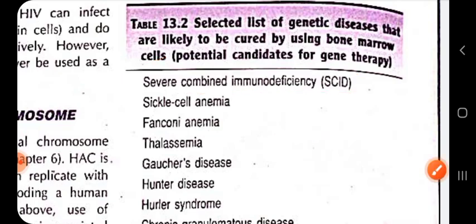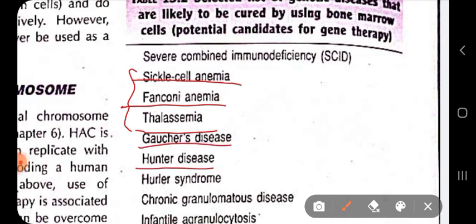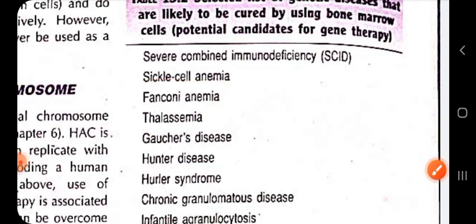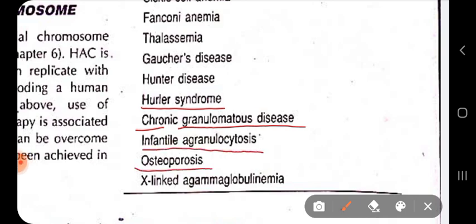Then another example is sickle cell anemia, Fanconi anemia, thalassemia, most of the blood related problems, Gaucher disease, Hunter's disease, Hurler's syndrome, chronic granulomatous disease, infantile agranulocytosis, osteoporosis. These are common genetic disorders that are nowadays occurring in the Western countries.